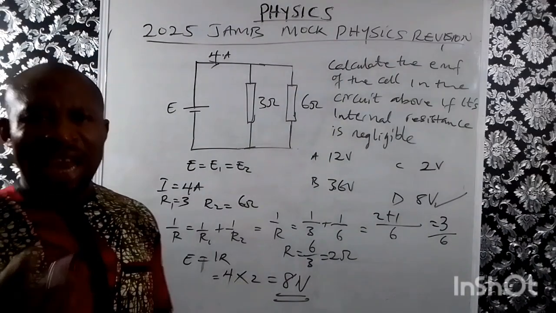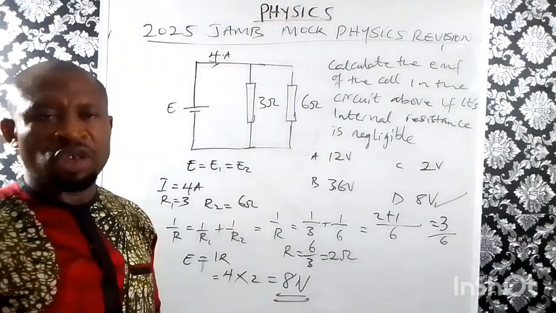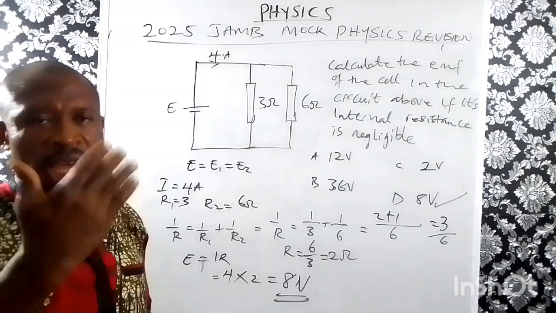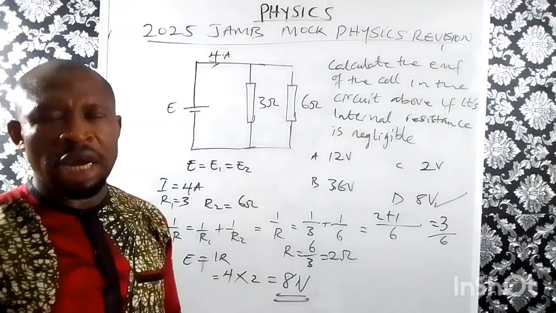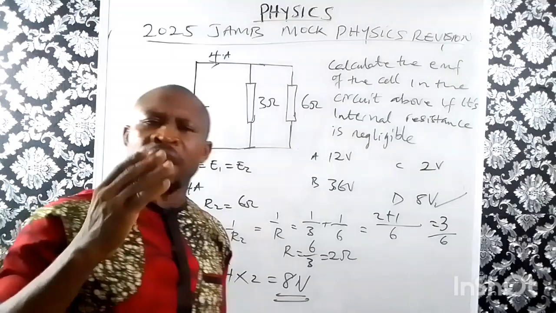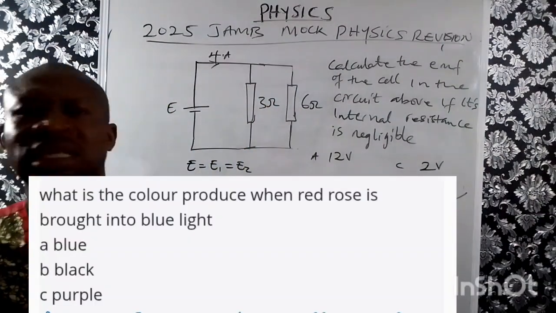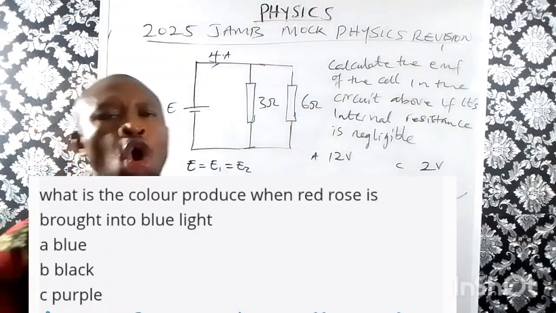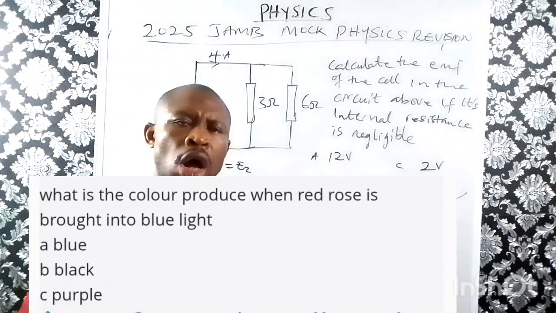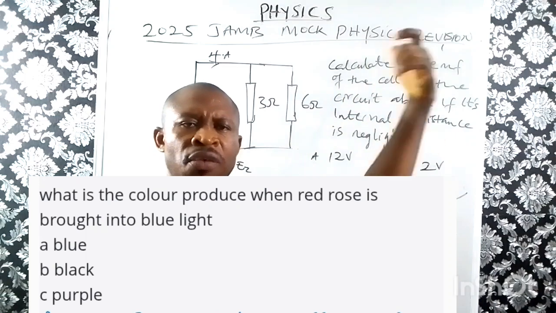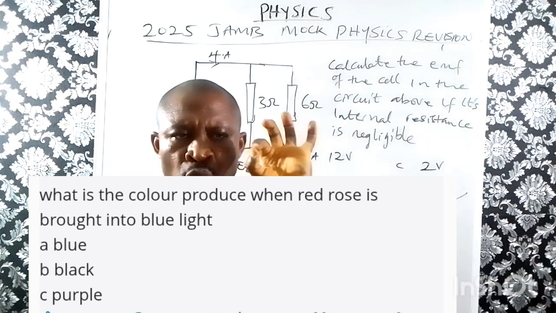Now, the last but not the least. Remember this video, I'll be doing it progressively as we get other questions. Now the other question that was asked, they said, what will be the color of a red rose in a blue light?